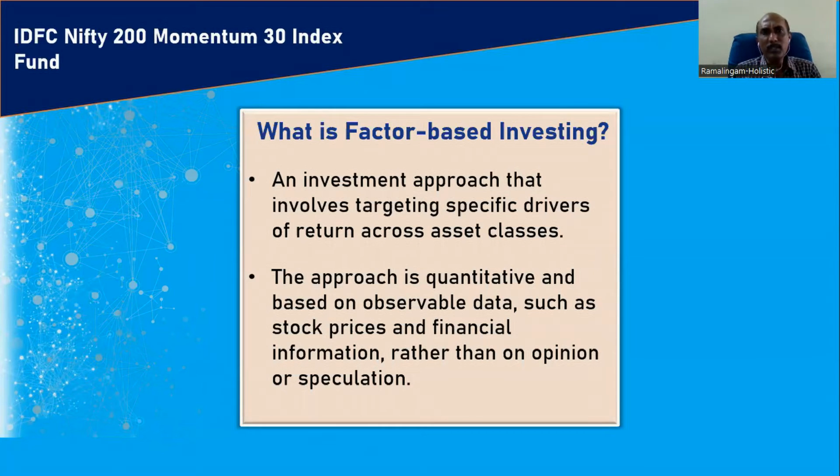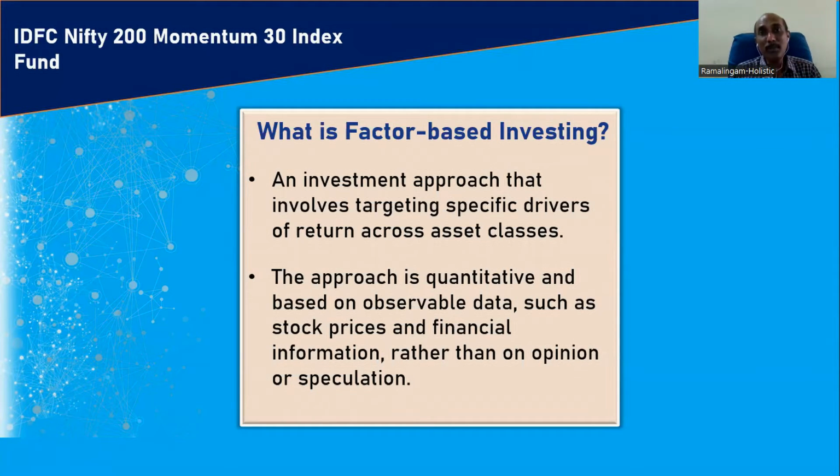What is factor-based investing? Actually, the momentum index is a factor-based investing method. In this factor-based investment approach, they involve a few drivers which will decide what kind of stocks to pick and choose.